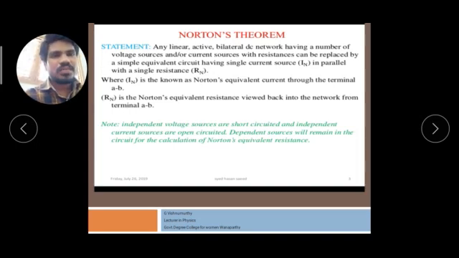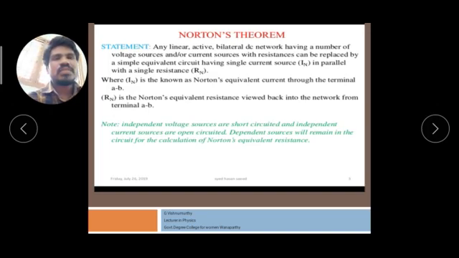The statement: any linear active bilateral DC network having a number of voltage sources and/or current sources with resistance can be replaced by a simple equivalent circuit having a single current source, that is IN, in parallel with a single resistance RN, where RN is called the Norton's resistance.